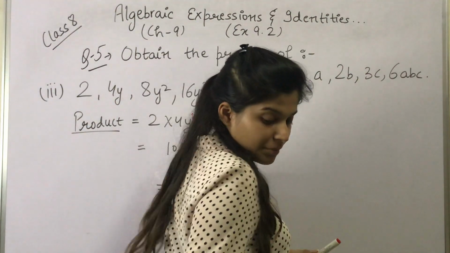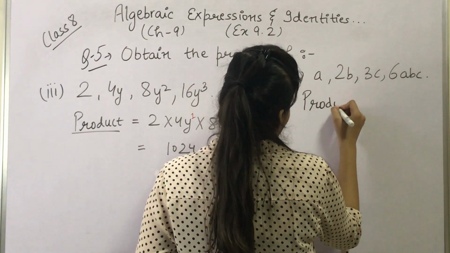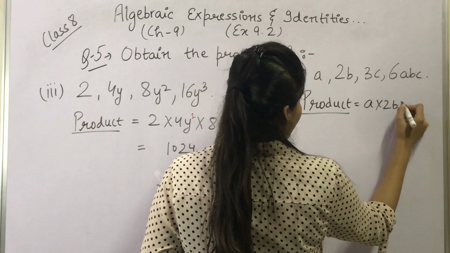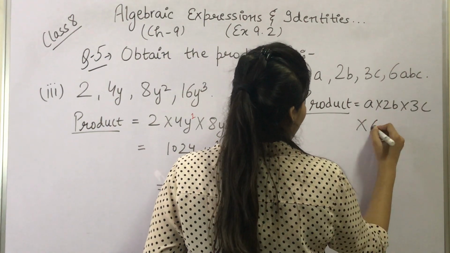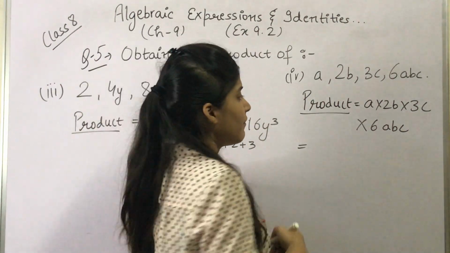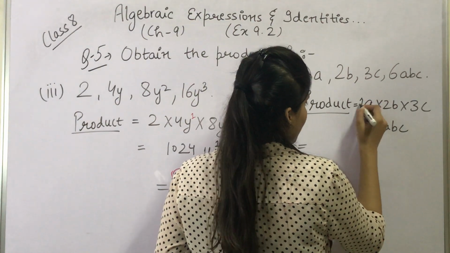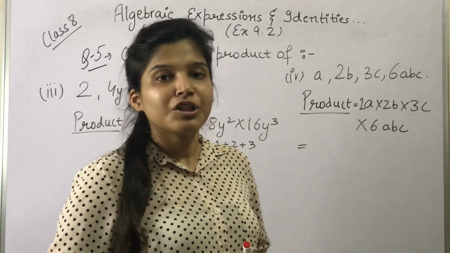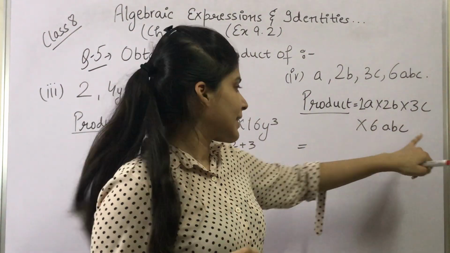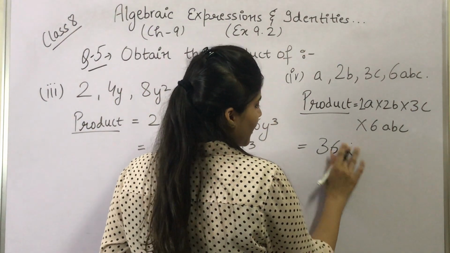So the product would be a into 2b into 3c into 6abc, right? Now with a we have 1. Okay, so let's multiply the numerals. 1 into 2 is 2, 2 into 3 is 6 and 6 into 6 is nothing but 36.